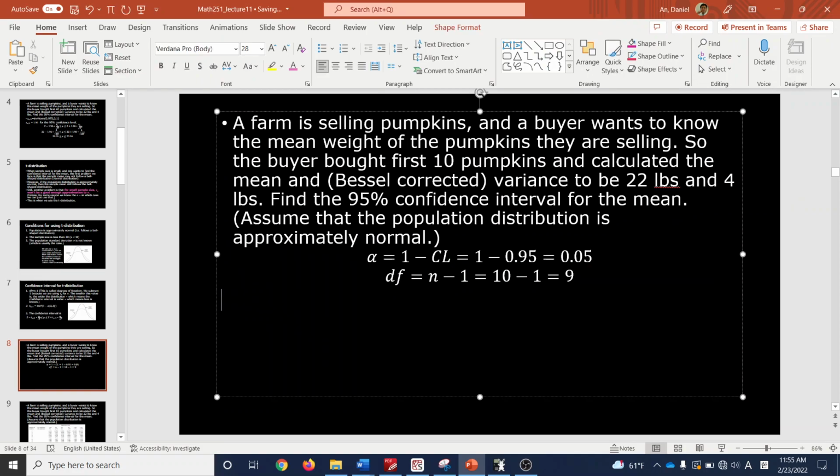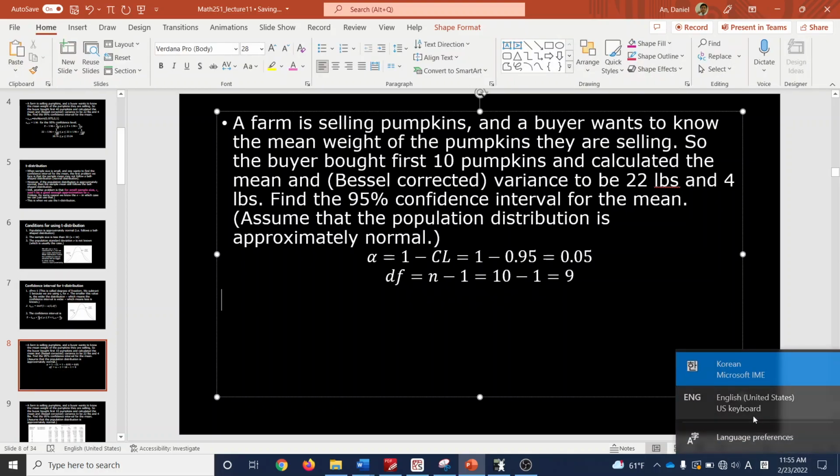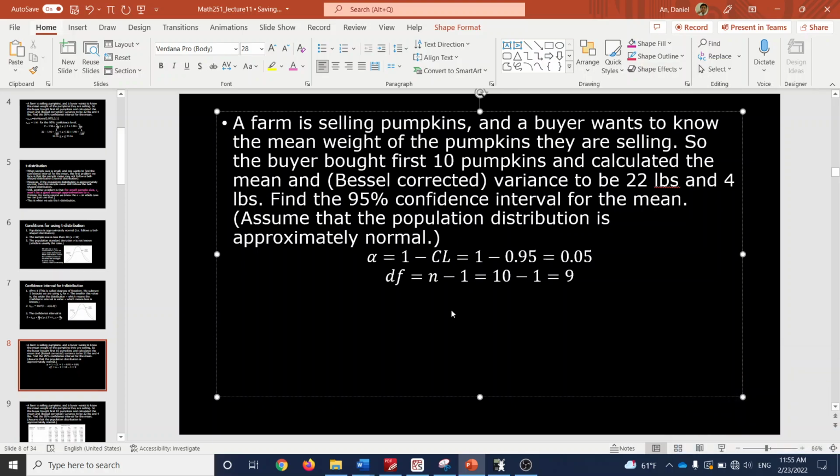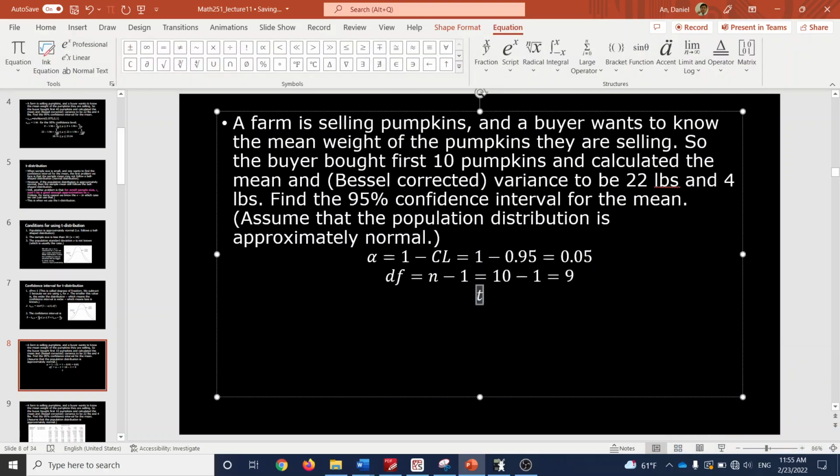So that tells us that t alpha over 2 is 2.262.